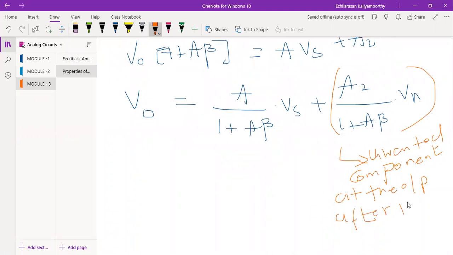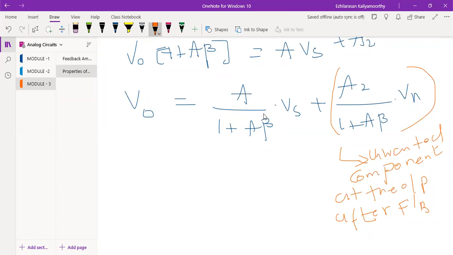Okay, after feedback. So after the feedback only we are getting this. Else it will be V0 is equal to A by 1 plus A beta into Vs only. Now we can say this is nothing but the unwanted component added in the output in the feedback.